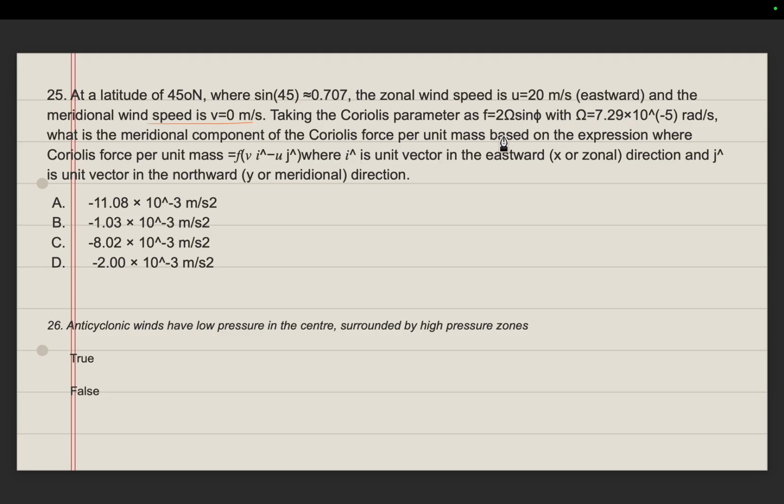Taking the Coriolis parameter as 2 omega sin phi, where omega has the value 7.23 × 10^-5 rad/s, what will be the meridional component of the Coriolis force per unit mass based on the expression f(v i cap minus u j cap), where i cap is the unit vector towards the east and j cap is the unit vector towards the north?